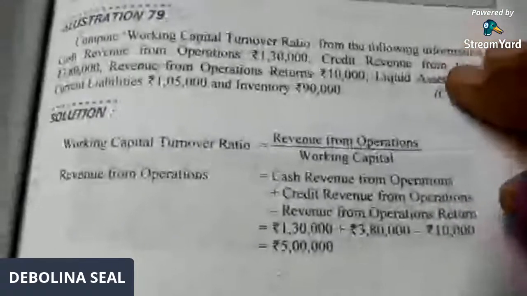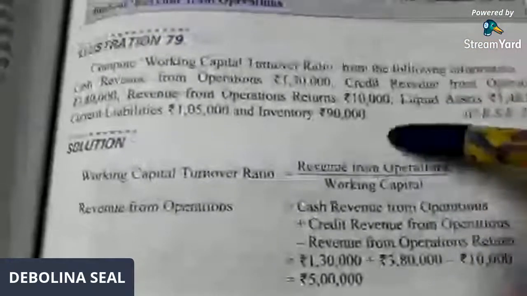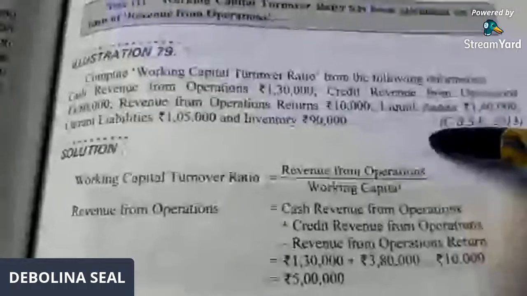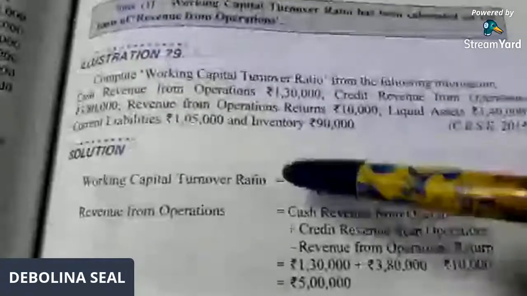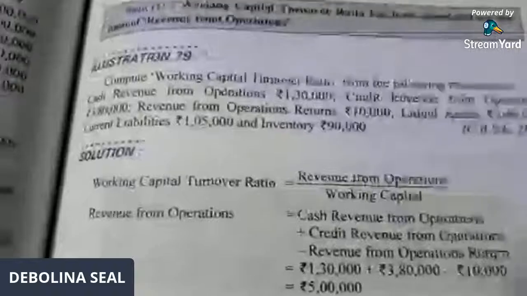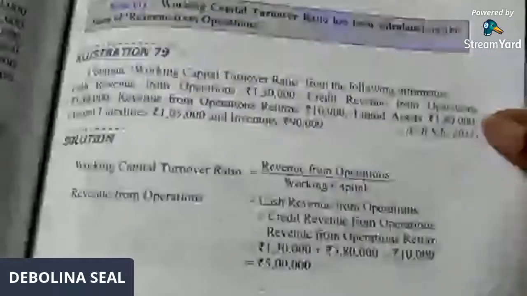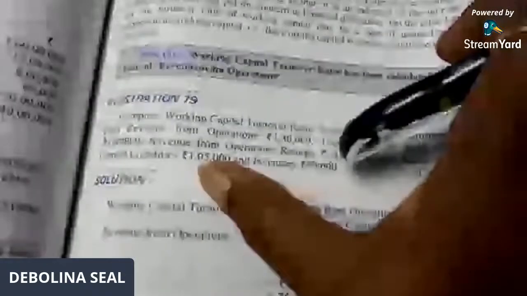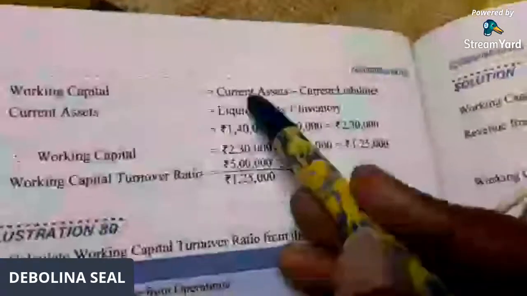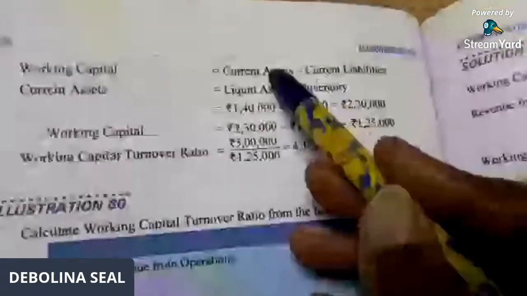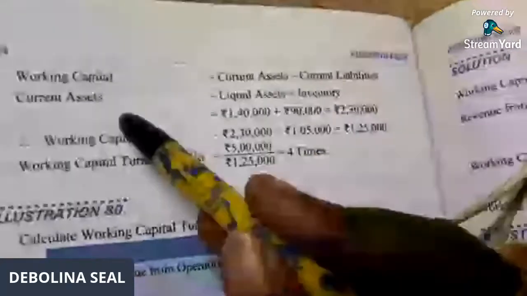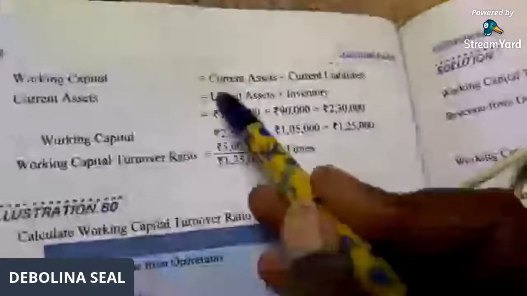Next thing we need is working capital. So working capital, you know, will be current assets minus current liabilities. Here you have liquid assets 1,40,000, inventory, and current liabilities. So we will utilize these three figures. See how we will do. Working capital formula is current asset minus current liabilities. Now current asset, how will you calculate? With the liquid asset you will add inventory, then only you get current asset.